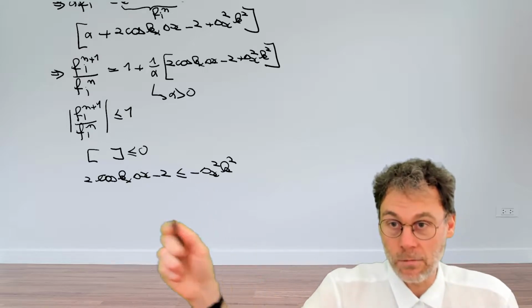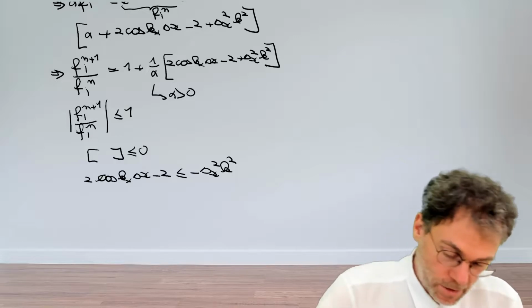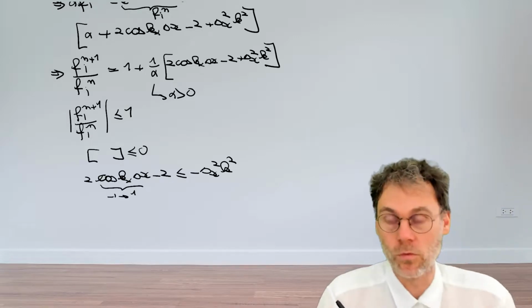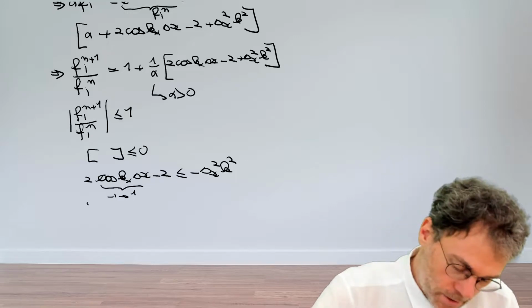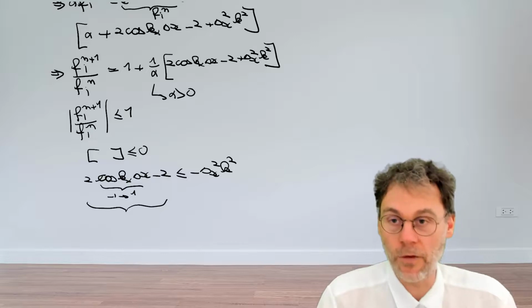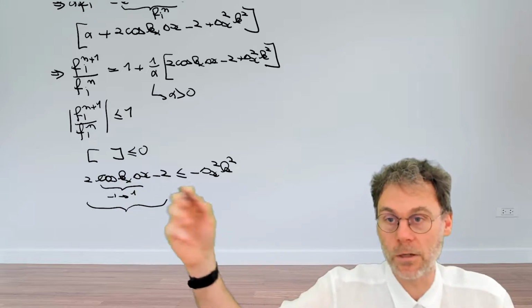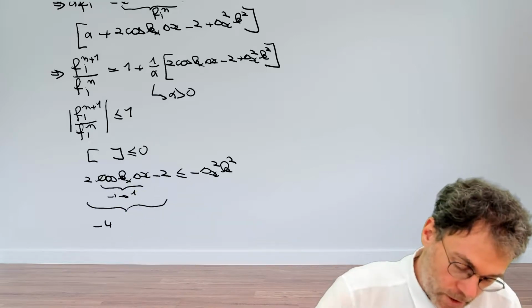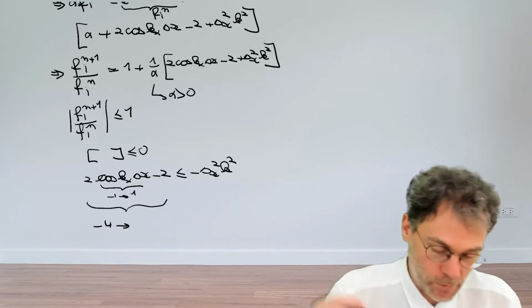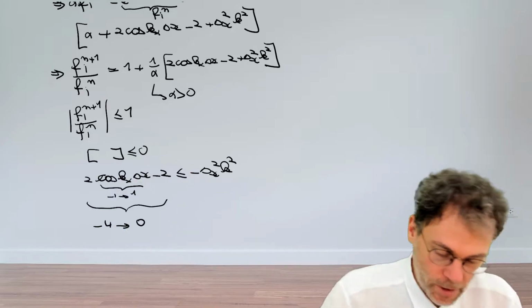Let's look at the bounds of the left-hand side. Now we know cosines can take values from -1 to 1. And that means that if we look at the range of the left-hand side here, if we have -1, then we have -2 times... -2, so we go from -4 to, if we have 1 there, then 2 minus 2, 0.